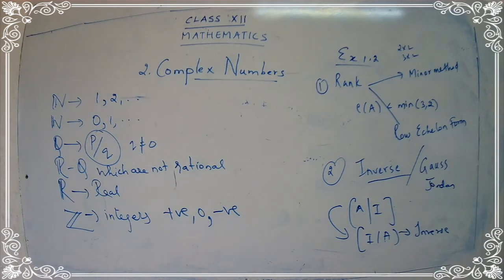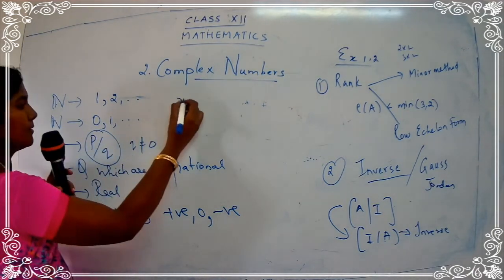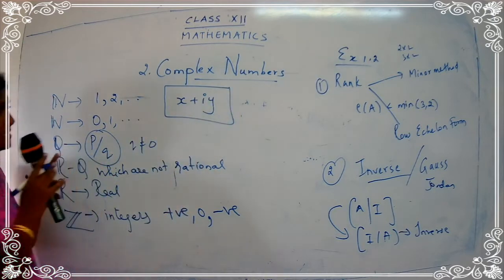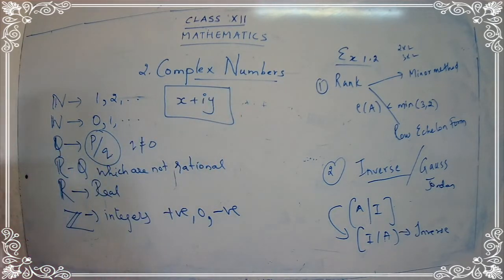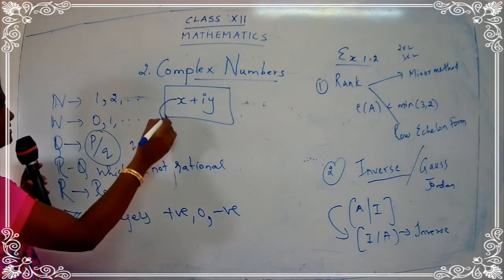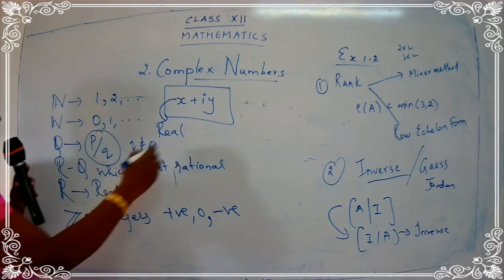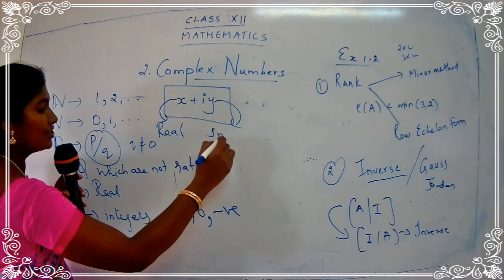So now we are going to see a new number that is called a complex number, and the form of a complex number is x plus iy. Remember the form of complex number? It's x plus iy. Here x is the real part, and y is called the imaginary part.